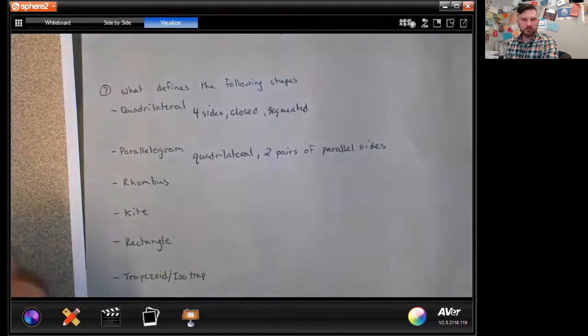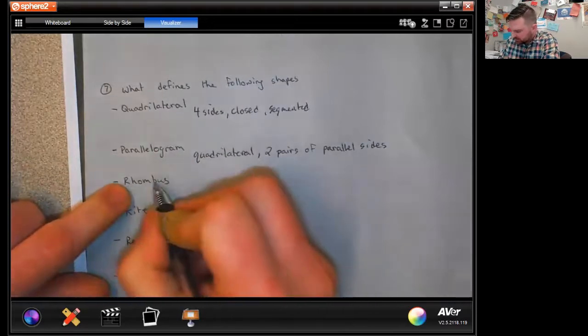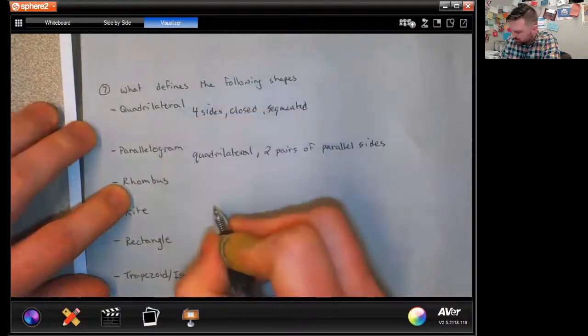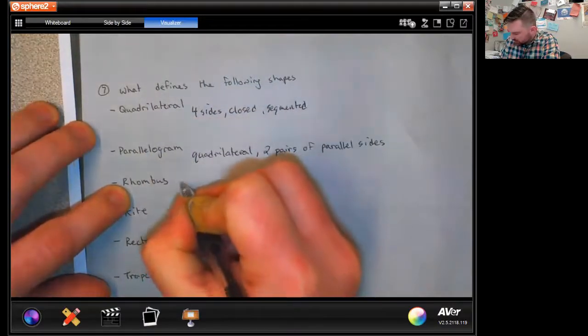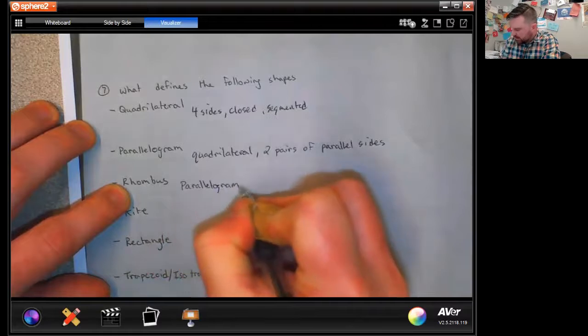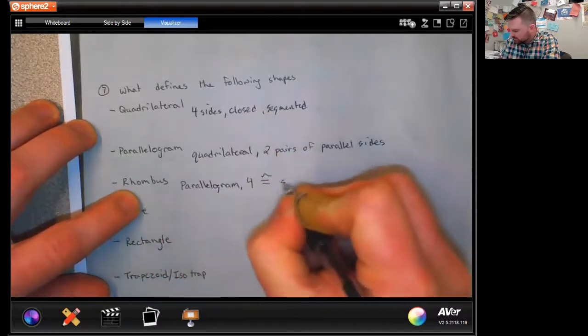Okay. And that's it. A rhombus, okay, what makes a rhombus? Well, a rhombus has to be a parallelogram, which also makes it a quadrilateral. So we'll say parallelogram. And all it has is 4 congruent sides.